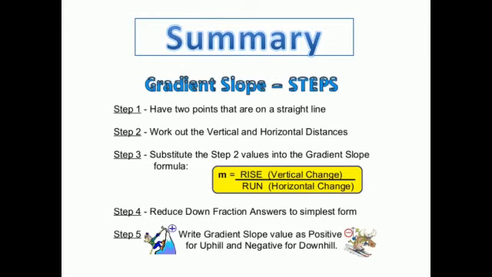Substitute the numbers in the formula: m is equal to vertical change over horizontal change, that means y value divided by x value. Reduce the fraction to the simplest form. If the gradient is positive, you can see the slope is going up. When the slope is coming down, our gradient is negative.